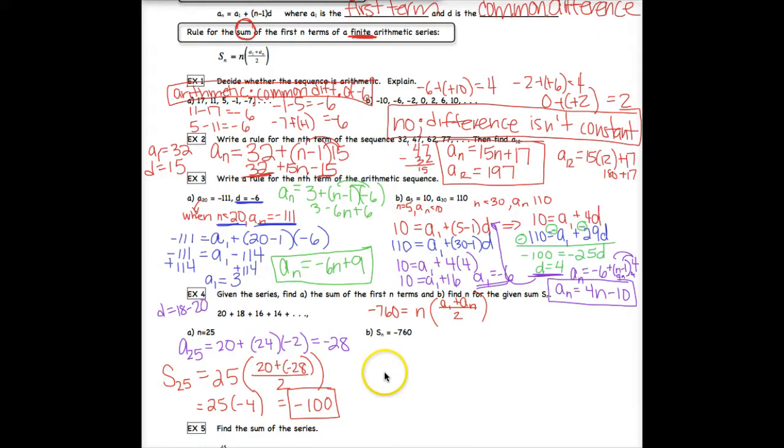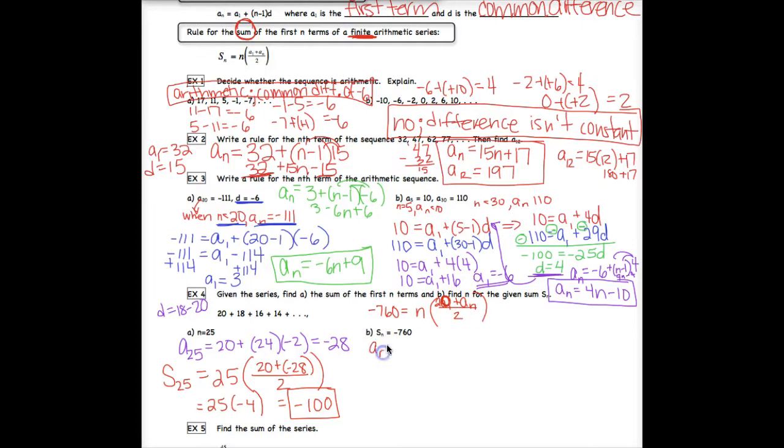Now, notice I've got a lot of variables and some that I don't know exactly which ones they are. I plugged in for negative 760. I can plug a sub 1 in, that's 20. But I need to know what a sub n is. So I need to find that first.